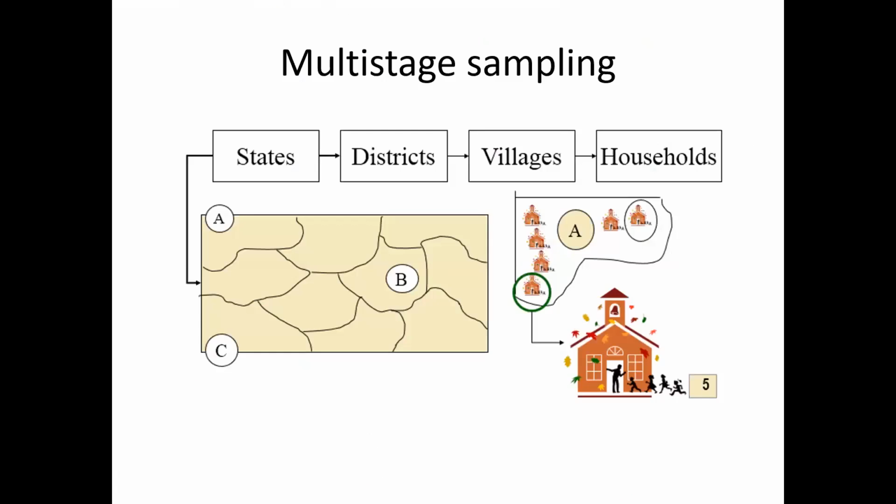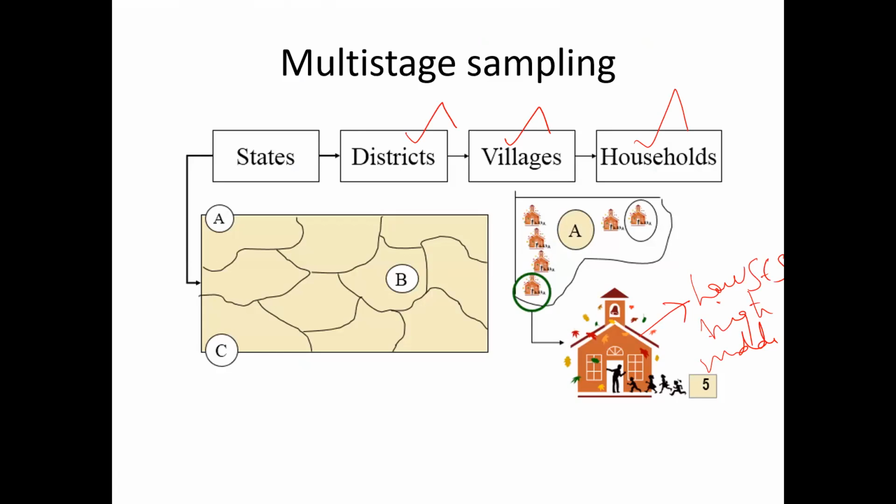Next, moving on to multi-stage sampling. In multi-stage sampling, you divide into stages. From state, you select district. From district, you select villages. From villages, you select the household. From household also, you can select by socioeconomic status, low, high or middle socioeconomic. So like that you can say, this is called multi-stage sampling.